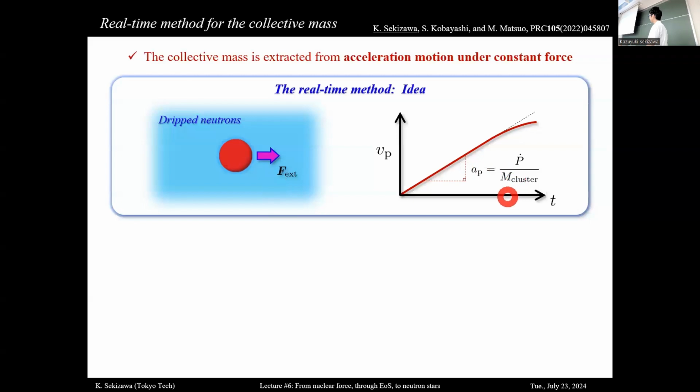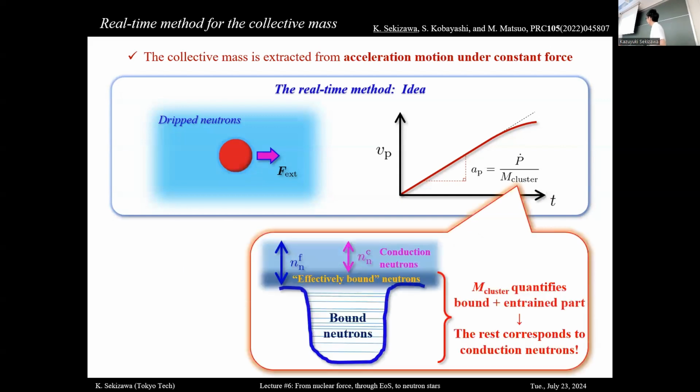You can classically, naively expect that this cluster will show constant acceleration motion. This is the velocity as a function of time, and it is constant. By measuring this acceleration and calculating the expectation value of the time derivative of linear momentum, you can calculate the mass of this cluster. So in this way, based on the time-dependent band theory calculation, we can calculate the mass of the cluster.